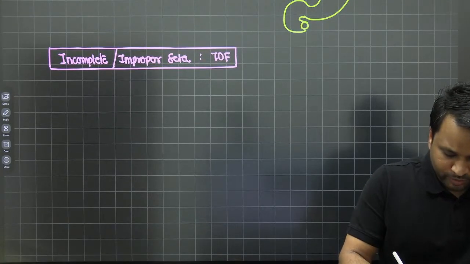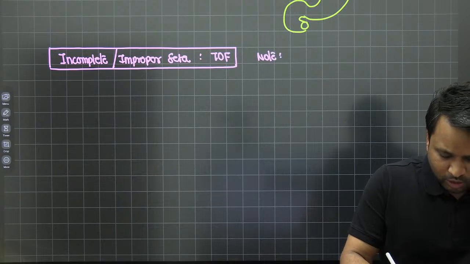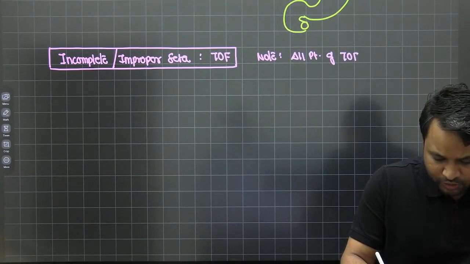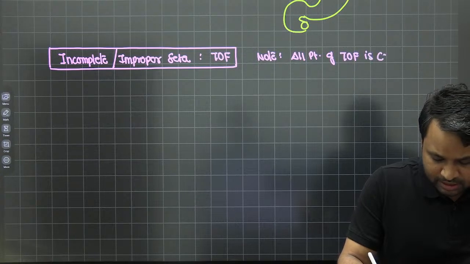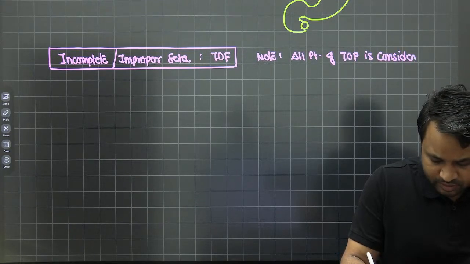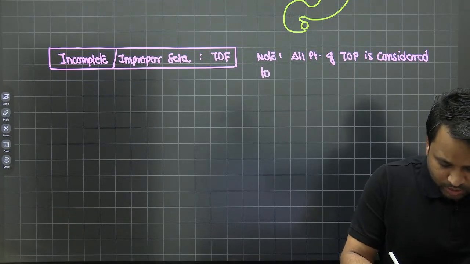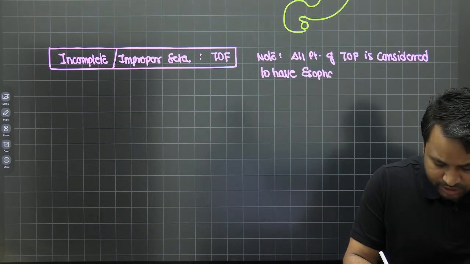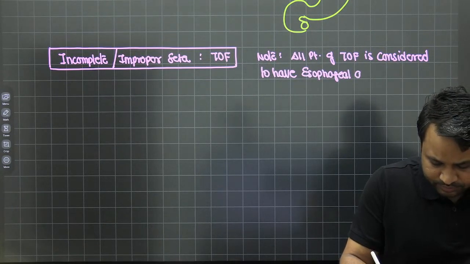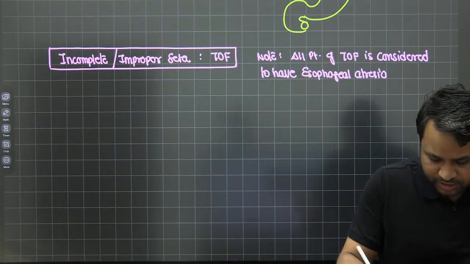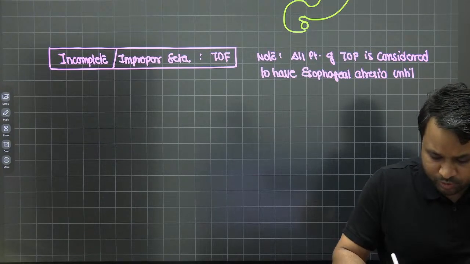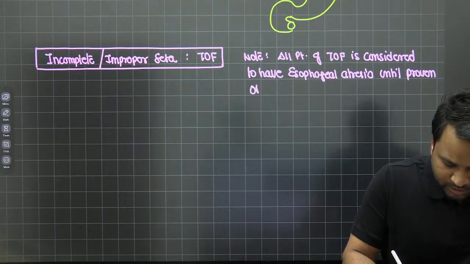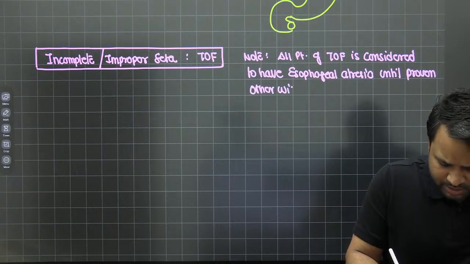So as a note point before we move on, all patients with tracheoesophageal fistula are considered to have esophageal atresia until proven otherwise. What do you mean by this? It's a simple concept.